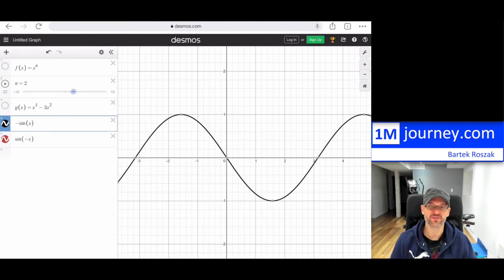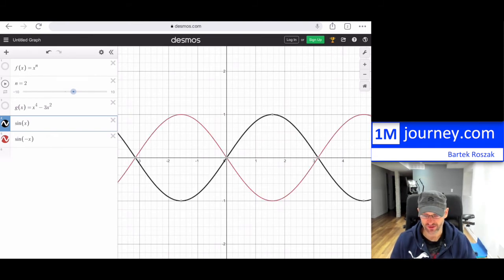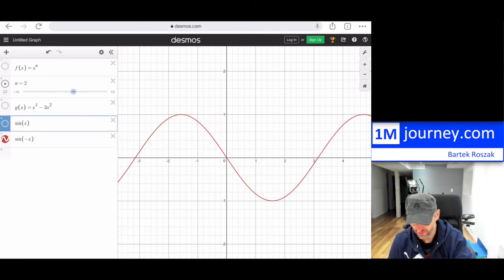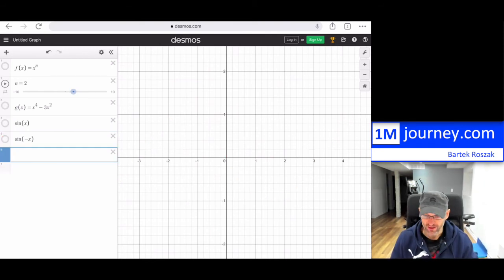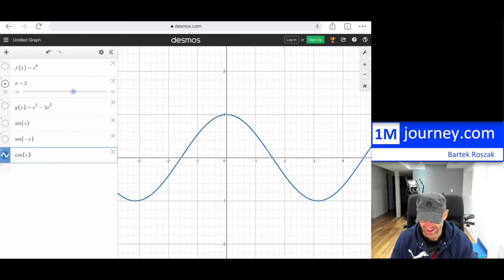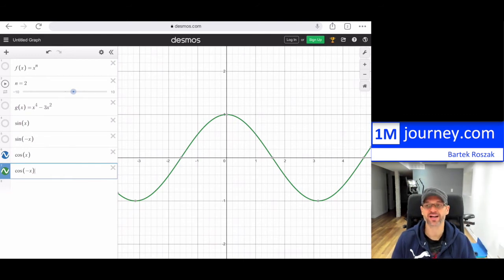So it satisfies the principle, right? At negative x, it gives you negative f of x back. So this is odd. So sine is actually an odd function. Now, how about cos? So if I remove this, then you probably are guessing. So if I do this, and now I do this, notice they're on top of each other. So this one is even. So cos is actually even.